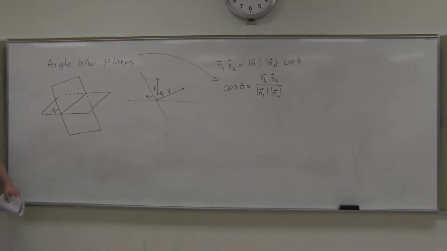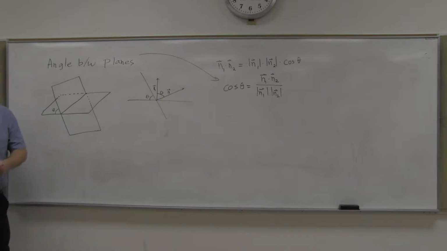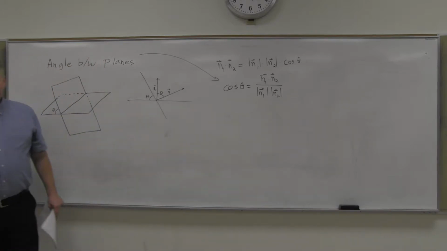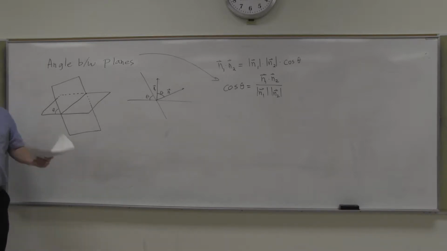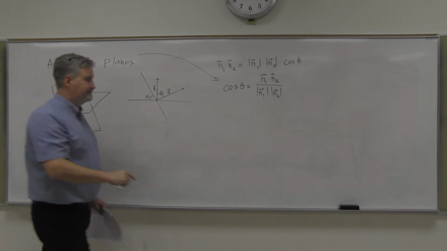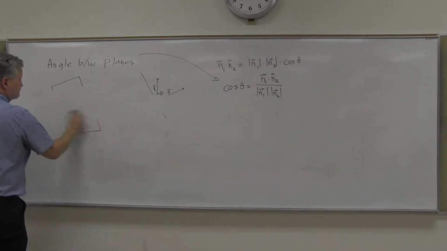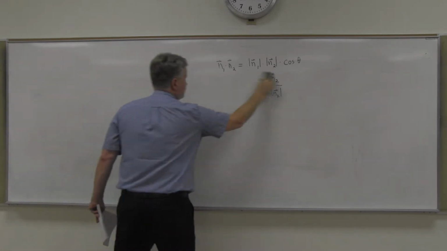Because if you've got a plane, you've got to know its normal vector. So you know its normal vector. Pretty much straightforward from that. Now, this is, of course, if we've got an angle between the planes. First thing you check when you have two planes is whether or not they're parallel. So look for that.